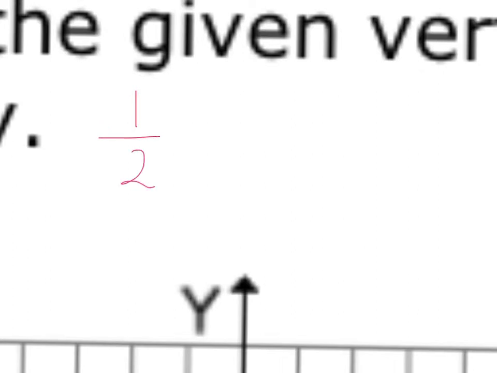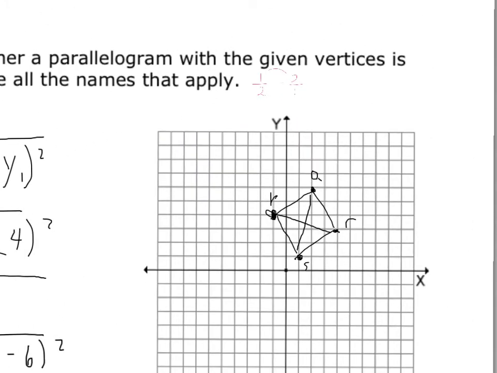Remember, opposite reciprocal means to flip over and change the sign. So if you wanted to find the opposite reciprocal of 1/2, you would flip it over and change the sign. So we want to find the opposite reciprocal slope and see if the shape is a rhombus.